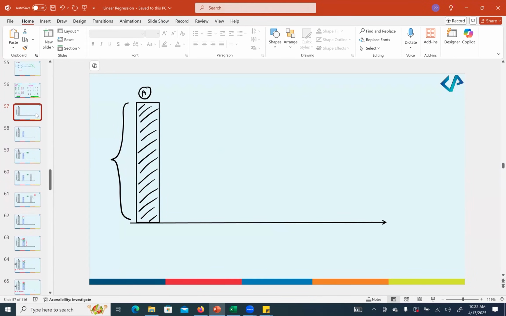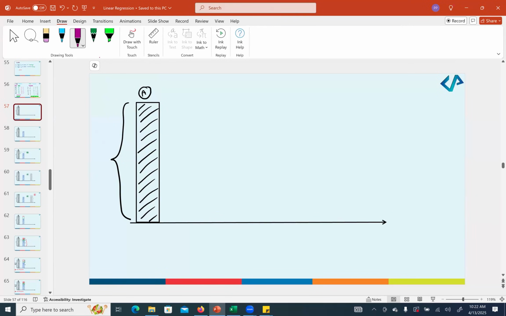Okay, let's start. So let's say this is the height of someone. Let's say Rahul. This is the height of Rahul. This is the actual height that I'm trying to predict.